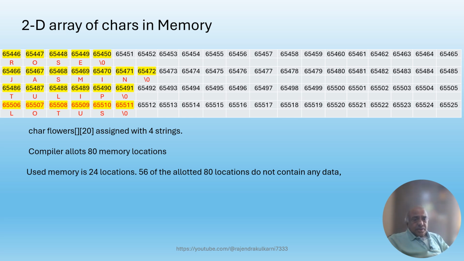The balance 56 of the allotted 80 locations do not contain any data, but they remain allotted and assigned to the individual string elements, the 1D strings which are the elements of the 2D array of strings.